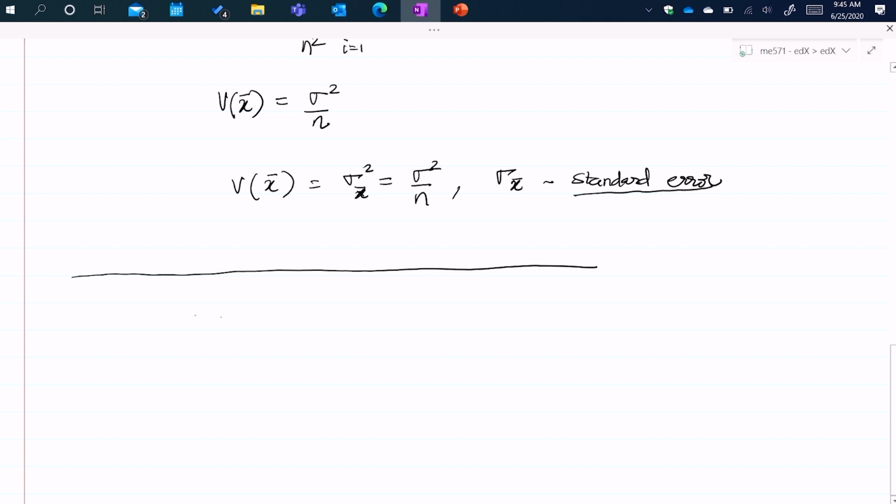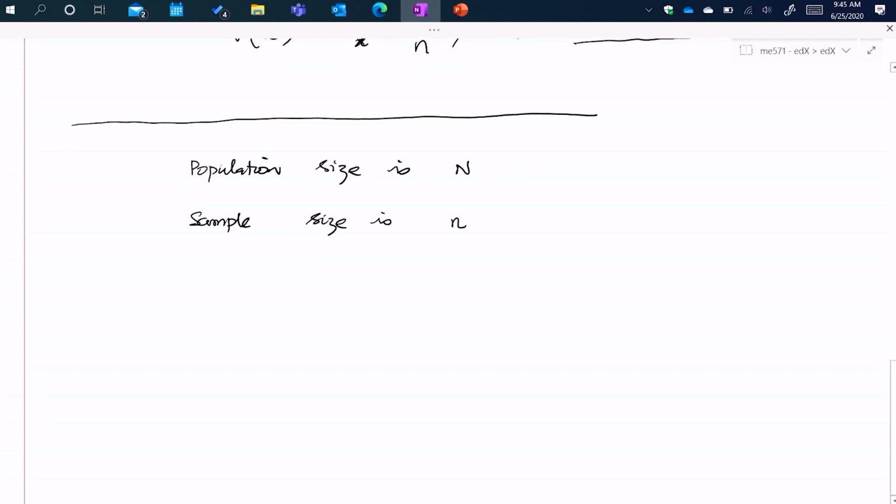Let's assume that the population size is capital N and the sample size is little n.